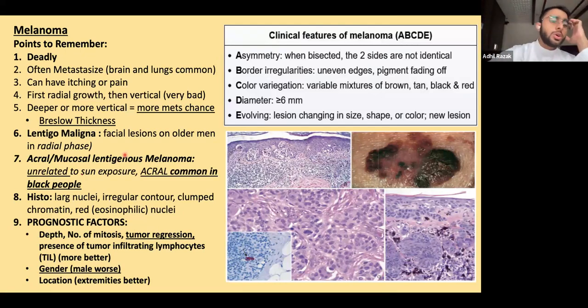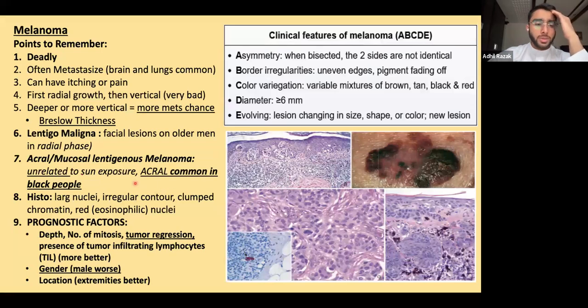And acral and mucosal lentiginous melanoma. Acral or mucosal lentiginous melanoma, these are not related to sun exposure. Usually in patients with melanoma, there is a history of sun exposure and UV-related damage to the cells, which leads to melanoma. But acral mucosal lentiginous melanoma happens in people with much, much darker pigmentation, like Black people.